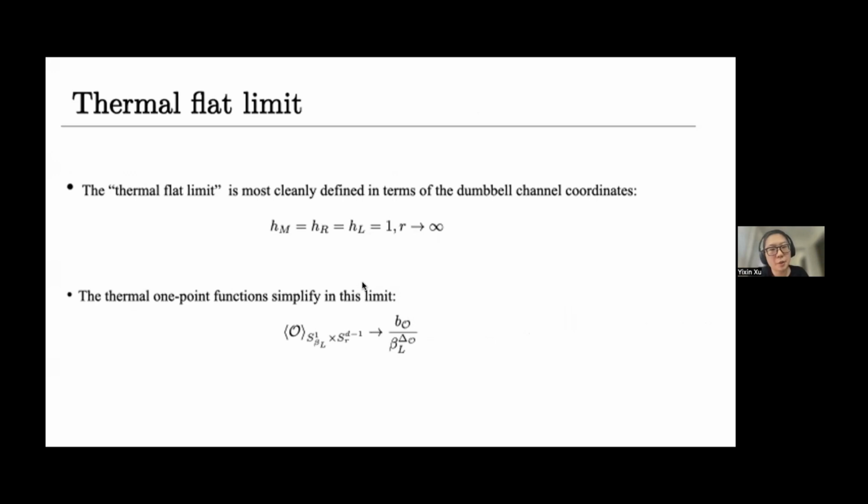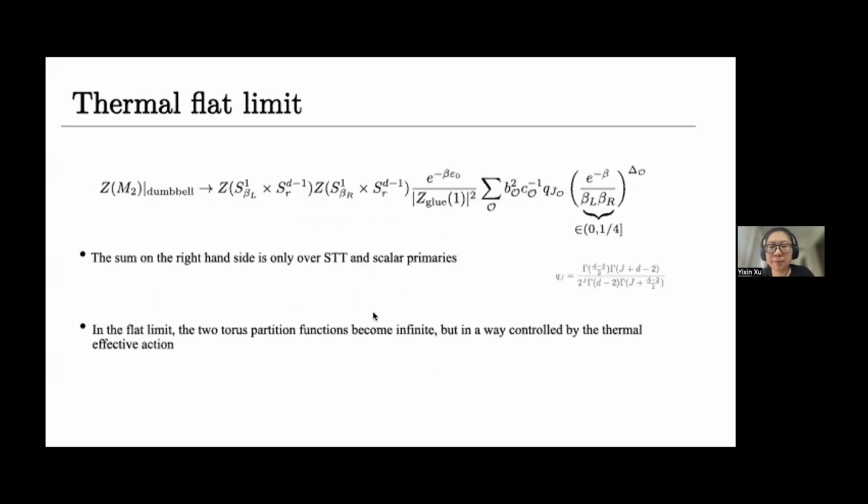And therefore the torus one-point function will simplify. For example, we know that for a scalar primary, the cylinder one-point function is fixed up to a one-point coefficient B_O. So for this reason, in the thermal flat limit, the dumbbell channel decomposition will look much simpler. The dumbbell expansion now takes a much simpler form, which we list on the right-hand side.